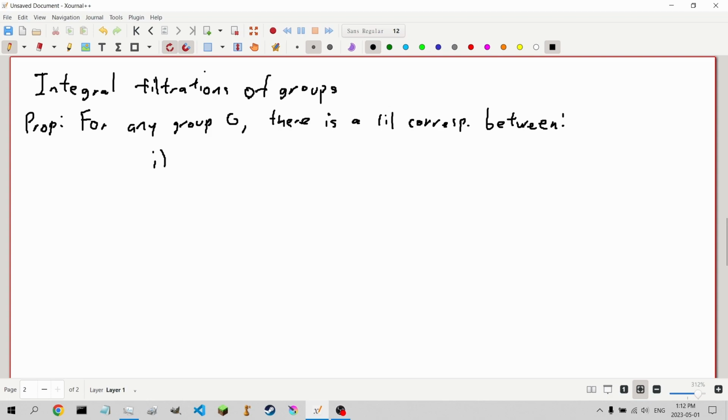On the one hand, we have filtrations, which, as we defined before, is omega from G to R with this additional positive infinity element for the identity.